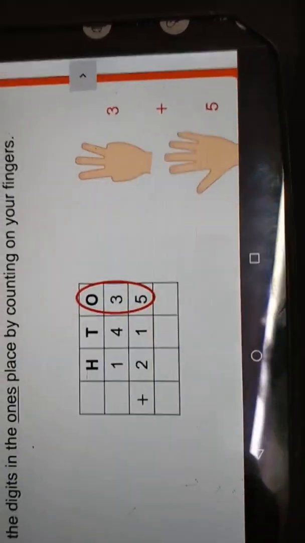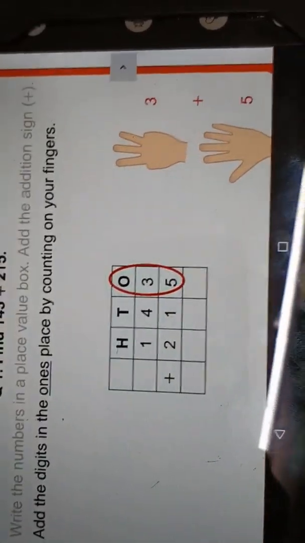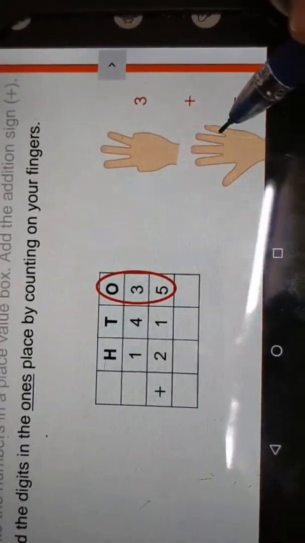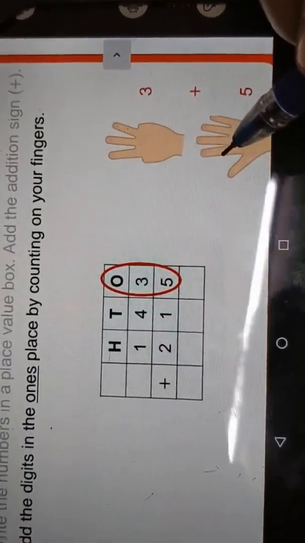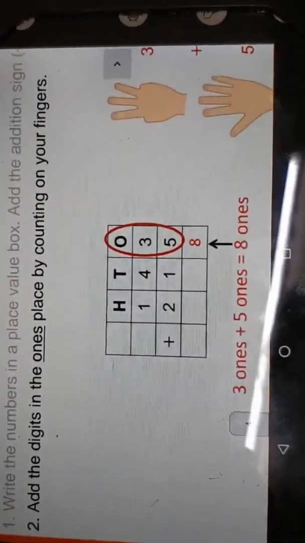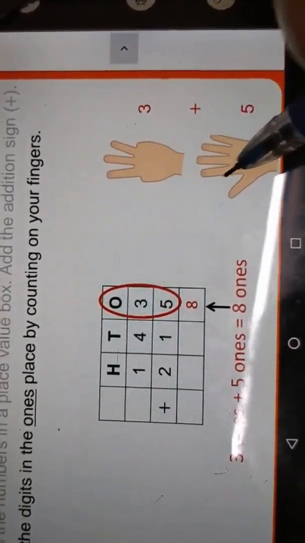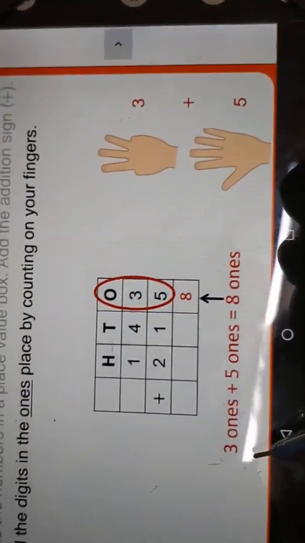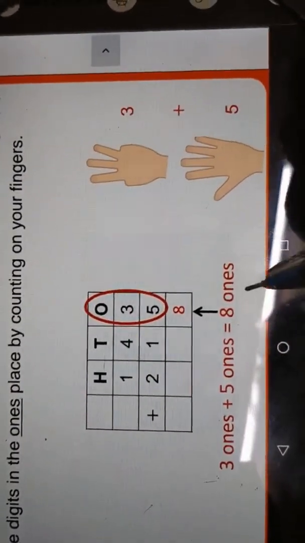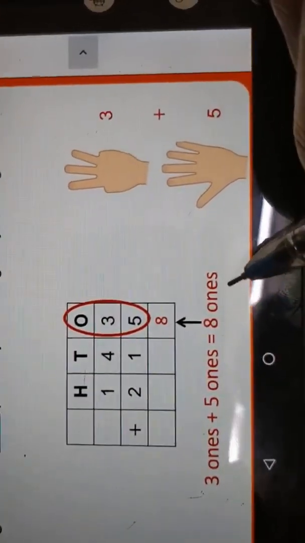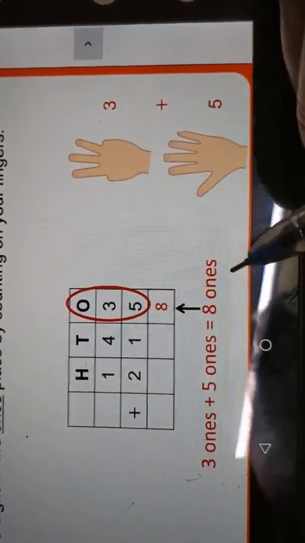After 3 we start counting: 4, 5, 6, 7 and 8. So 3 ones plus 5 ones, the answer is 8.